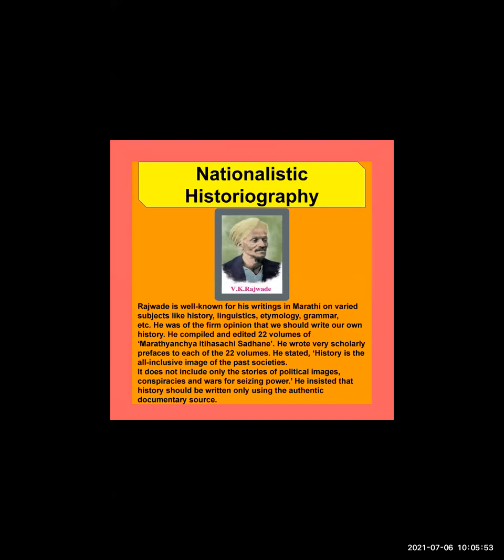He was of the firm opinion that we should write our own history. He compiled and edited 22 volumes of Marathyancha Itihasachi Sadhane.